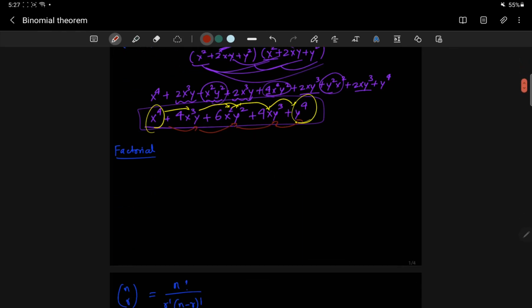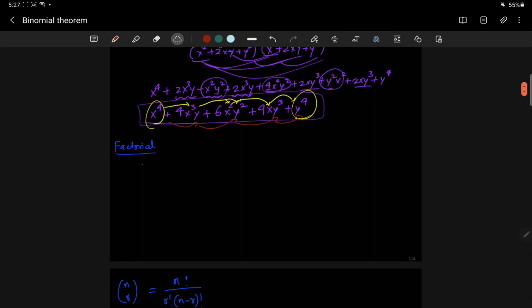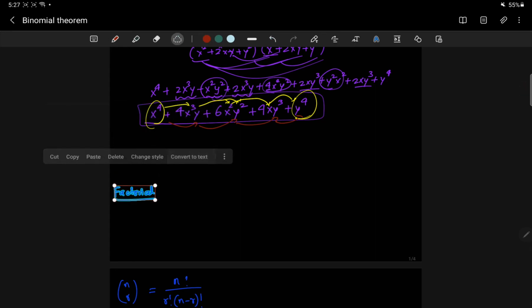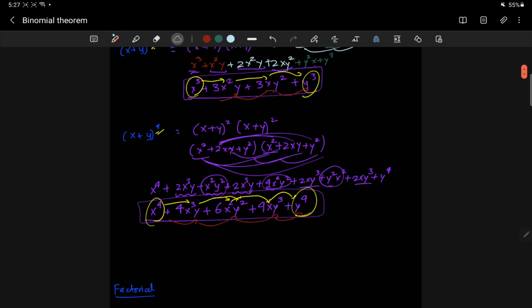So a few things that we establish are that powers of x reduce and powers of y increase, but these numbers, we don't have a handle upon them.